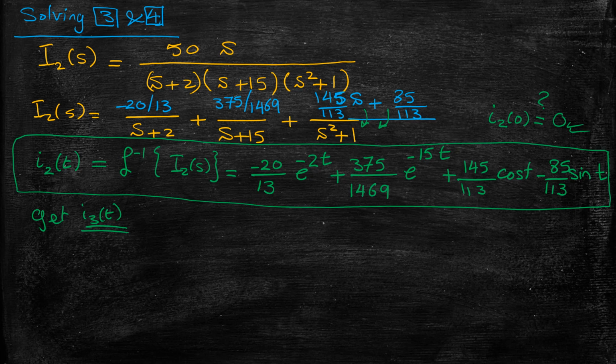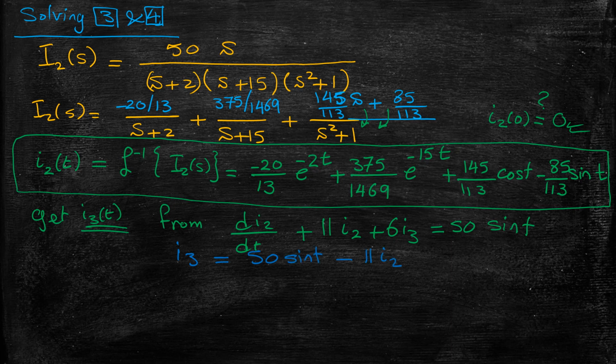The other way is from equation number 1 after substitution in the time domain, it was in this form. So if I need to get this I3, it will have 50 sine t minus 11 I2 minus di2 by dt, and all these terms together divided by 6.